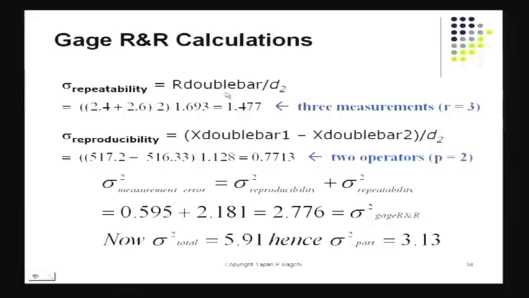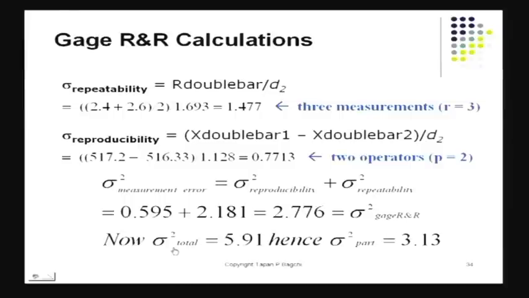If you square these quantities, you end up with 0.596 plus 2.181, that is 2.776. That's the contribution by the gauge R and R, which is the gauge reproducibility and repeatability not being perfect. Ideally, this should be 0, but it is not so.